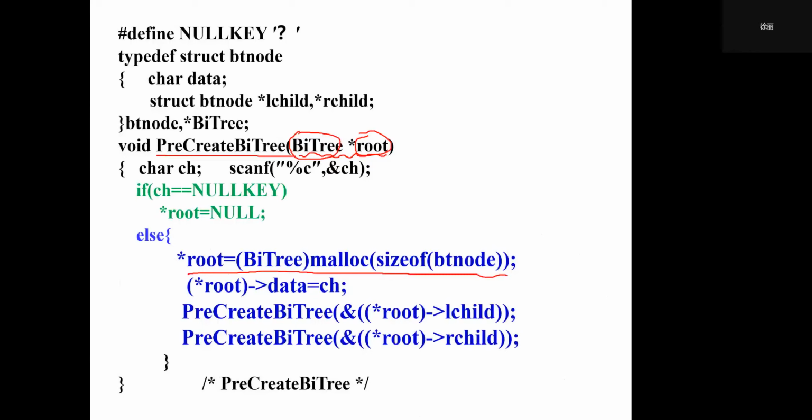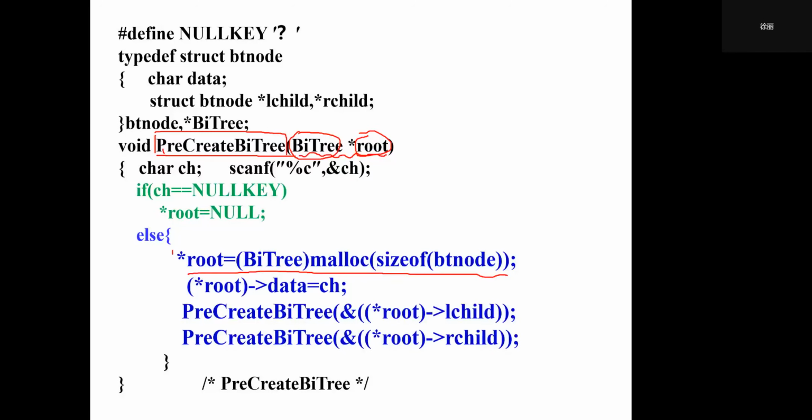Because in this function, pre-create by tree, we will modify this parameter and we want this change to return to the function which calls pre-create by tree. So here we define the parameter to be a pointer that points to a pointer, okay?